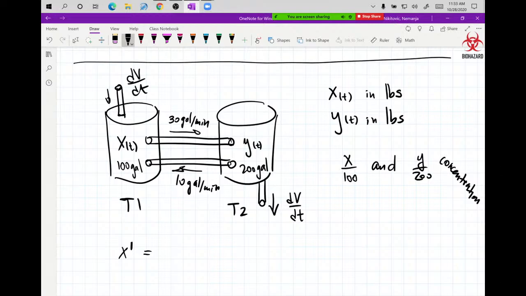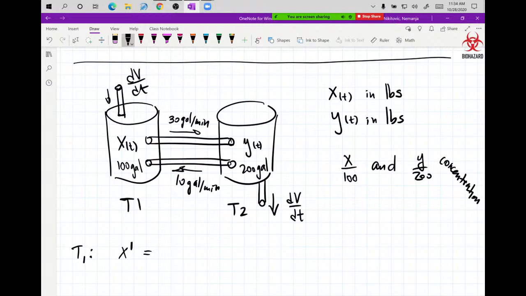So dx/dt is the change of salt in time, and that's going to be equal to, so now tank 1 is our host tank for x prime, because that's where the x of t lives, so x prime is going to be measured there. And we see that we have the outflow of 30 gallons per minute, right?